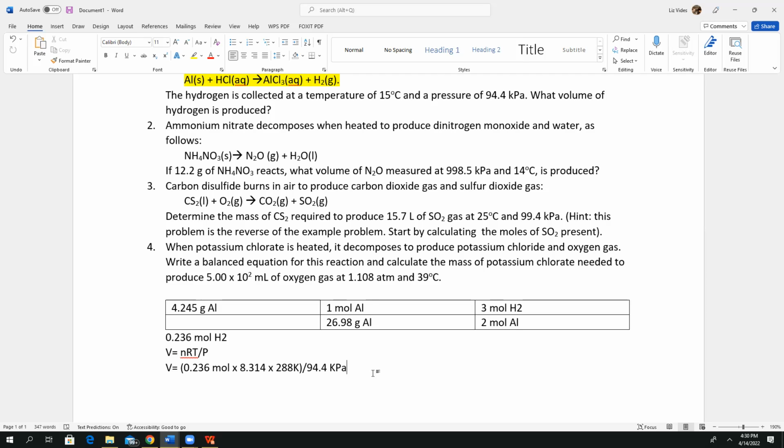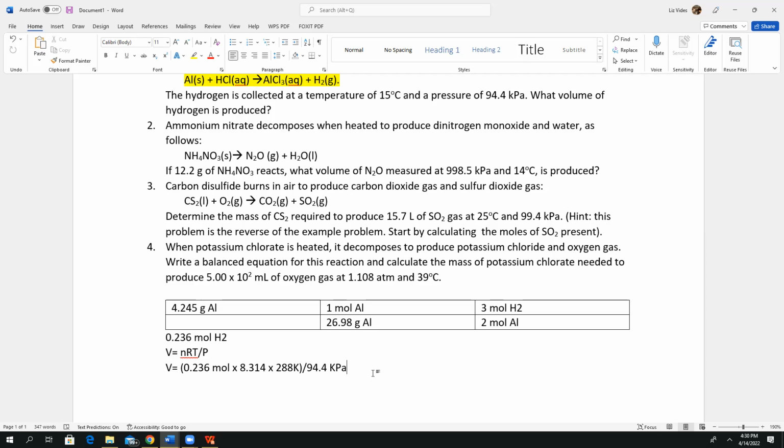Okay, 26. Determining the mass of CS2 in grams required to produce 157.7 liters of SO2 at 25 Celsius and 99.4 kilopascals.